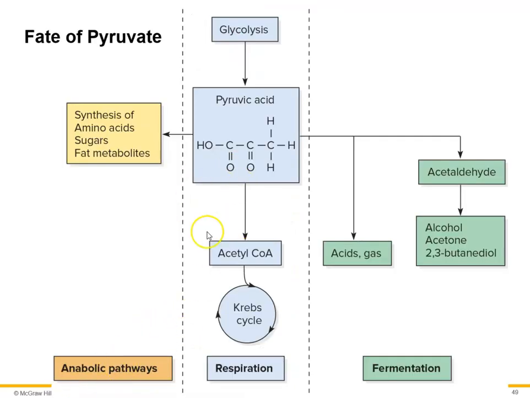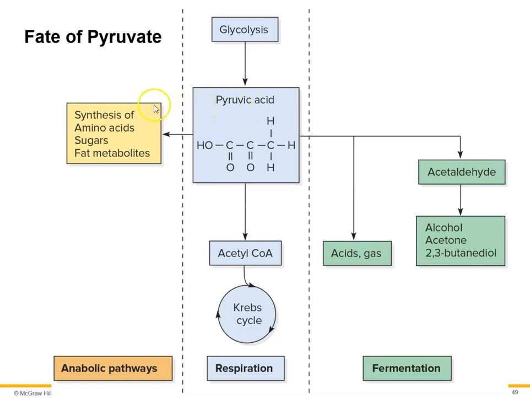Okay, so what happens to pyruvate? Well, you already know what happens during the respiration pathway. Pyruvate is going to go on to be broken down into acetyl-CoA, which goes on to participate in the Krebs cycle, and this generates a lot of those electron-carrying molecules that take the electrons onto the electron transport chain.